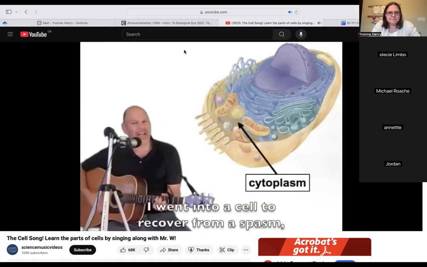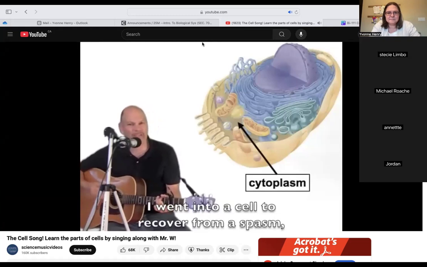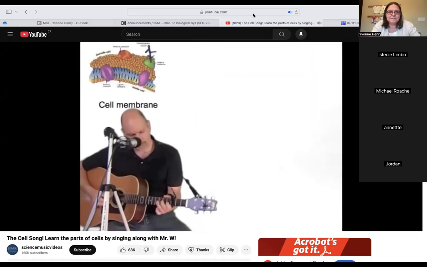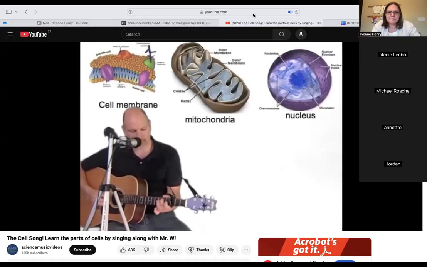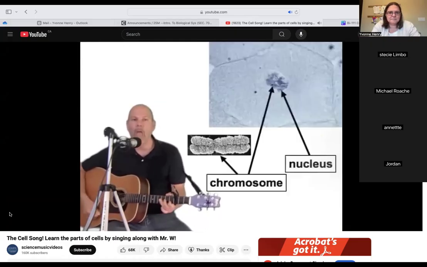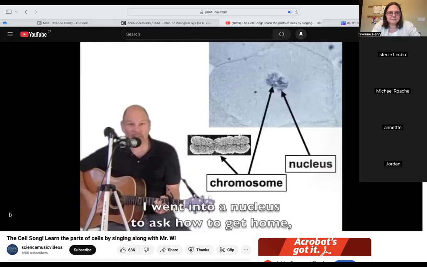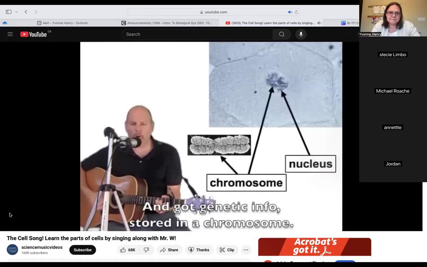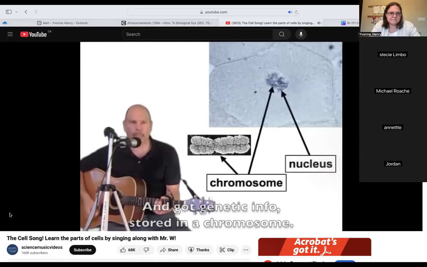Went into a cell to recover from a spasm and found myself swimming in some clear cytoplasm. I went into the nucleus to ask how to get home and got genetic info stored in a chromosome.